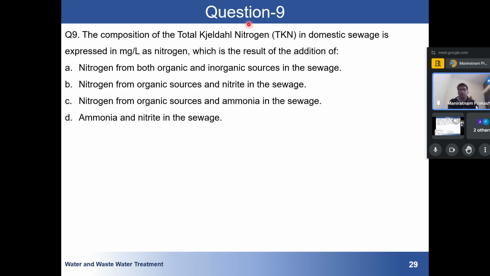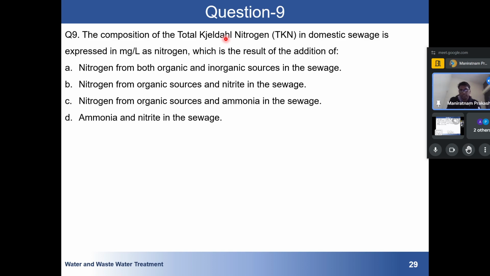So remember, Kjeldahl is the name of a scientist. He developed a method to determine the nitrogen present in the system, which is known as the Kjeldahl flask method. If you have gone through the laboratory, you can see that there is a tube referred to as the Kjeldahl nitrogen tube.